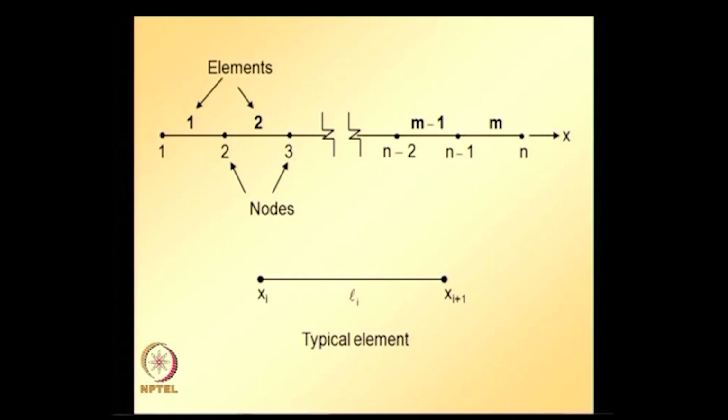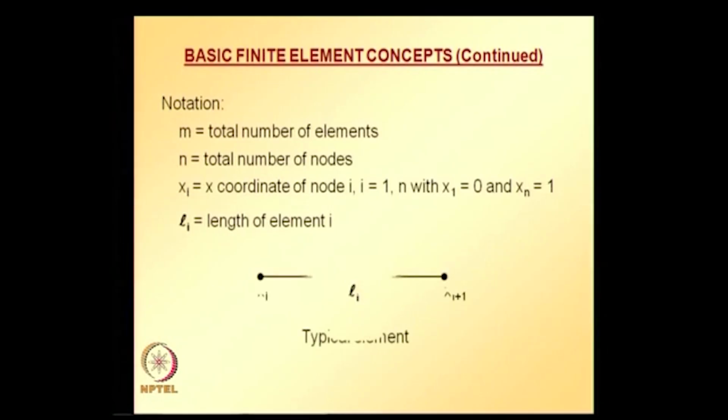Let us see the various quantities in this figure. m is the total number of elements, n is the total number of nodes, xi is the x coordinate of node i and takes values from 1 to n, x1 coincides with x equal to 0, xn coincides with x equal to 1, and Li is the length of element i. This is the typical element reproduced again.